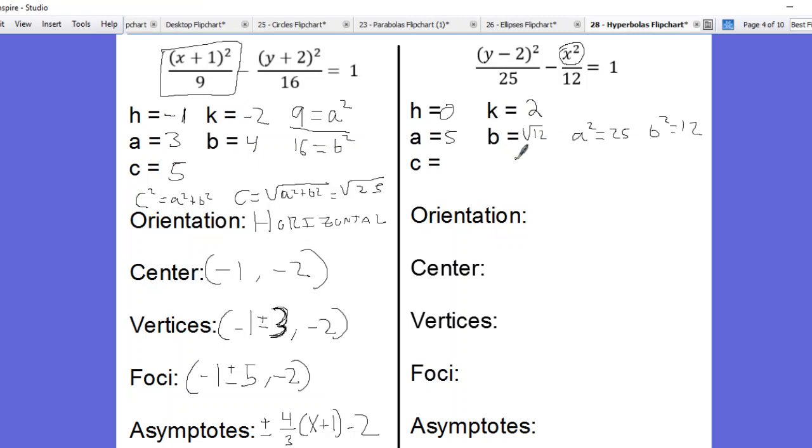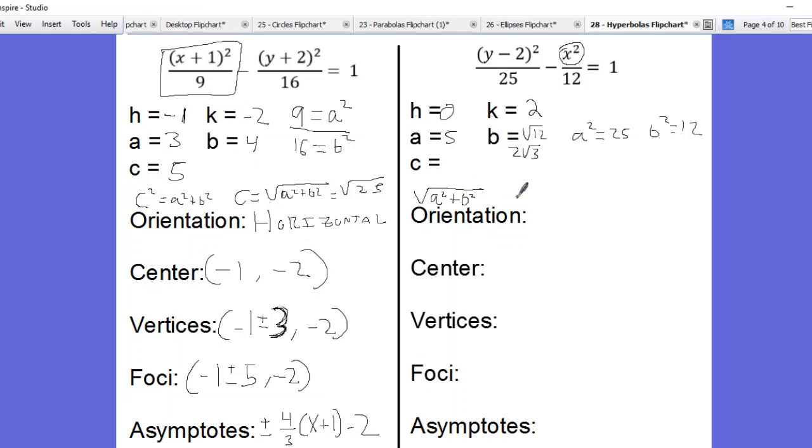The square root of 12 can be simplified as the square root of 4 times 3. The square root of 4 is 2, so that can be simplified as 2 root 3. Now c is going to be equal to the square root of a squared plus b squared.